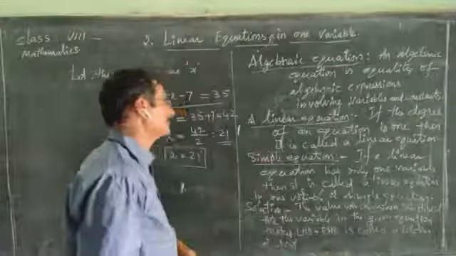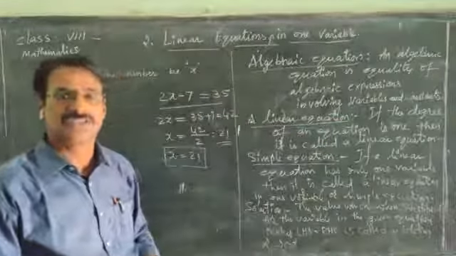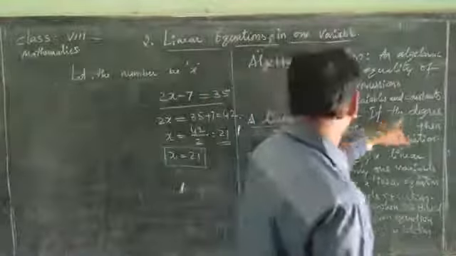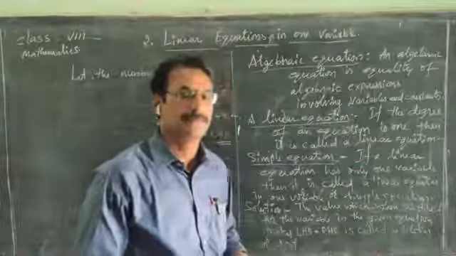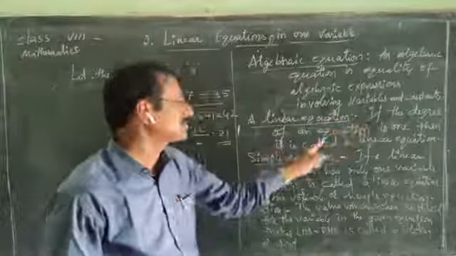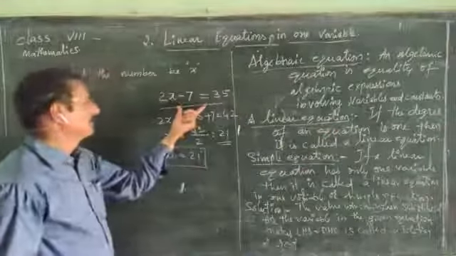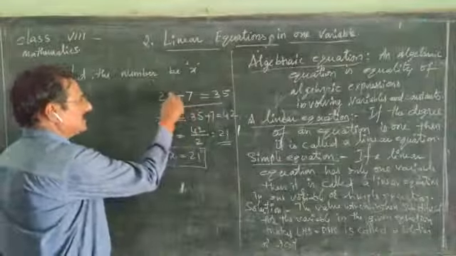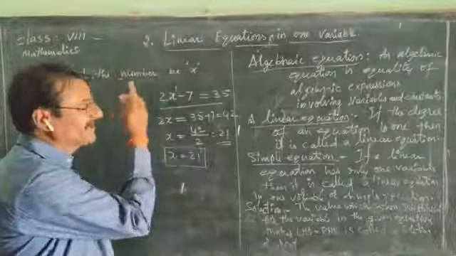And see the next one: linear equation. If the degree of an equation is 1, then it is called a linear equation. Come again. Here, see the power of x equal to 1. It is called a degree.